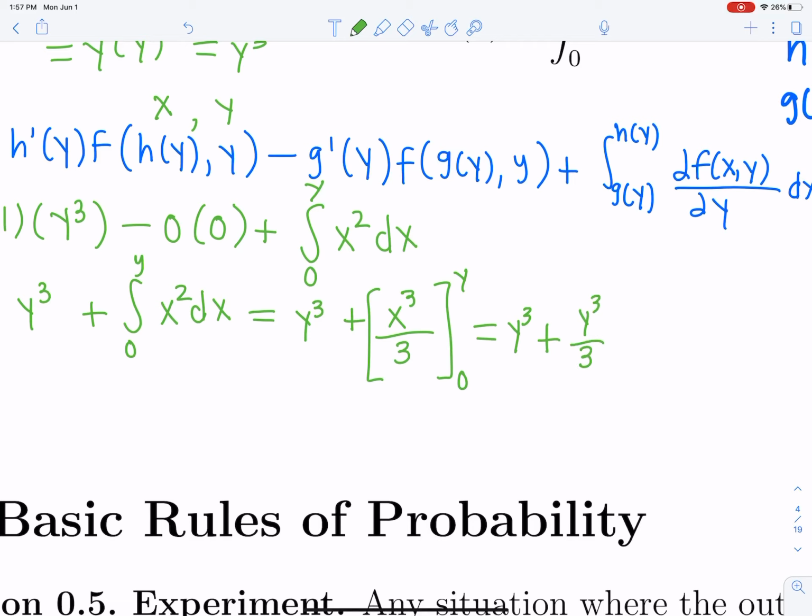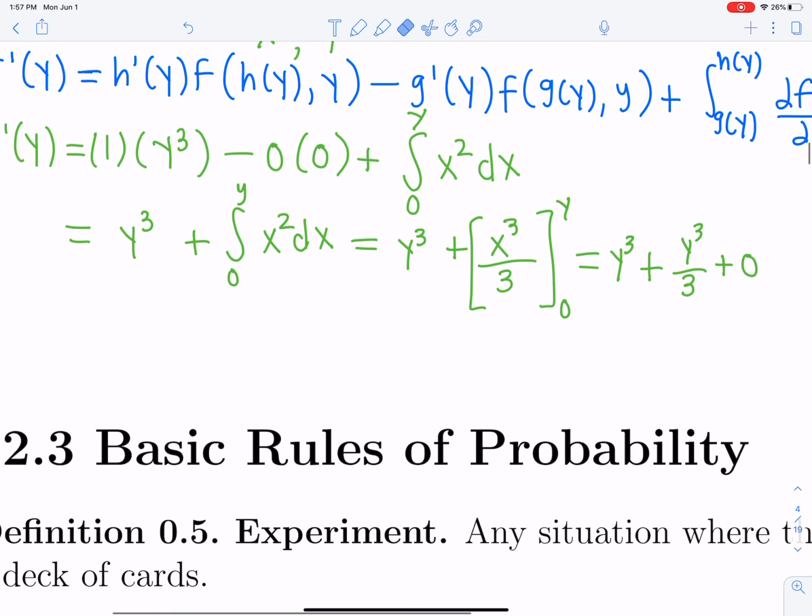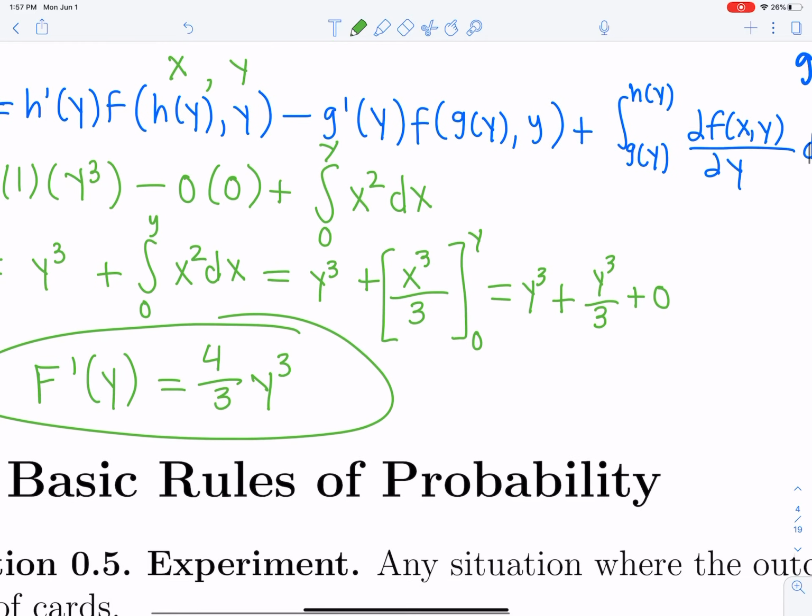And then I'm just going to put plus 0 here, because if I plug 0 in for x, we would just get 0 over 3. So basically, our answer, if I put it all together, I would end up getting that f prime of y is equal to 4/3 y cubed. So that is the final answer.